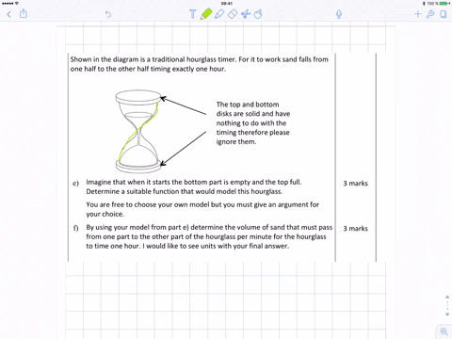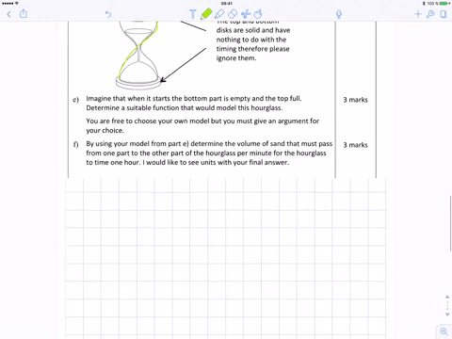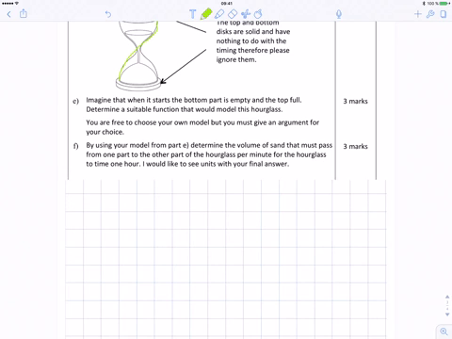When I turned it around, I thought I saw a cosine function or a sine function. So if I just sketch my function out, I thought I saw something along the lines of that. Now that's not the only one you can use, but I thought this might be easier to do the second part.